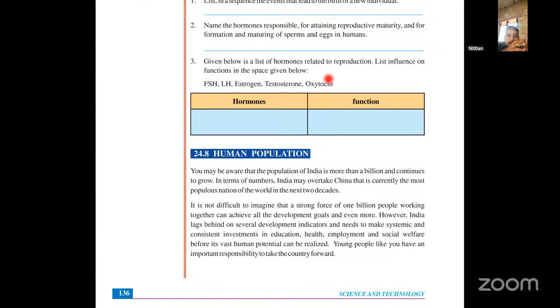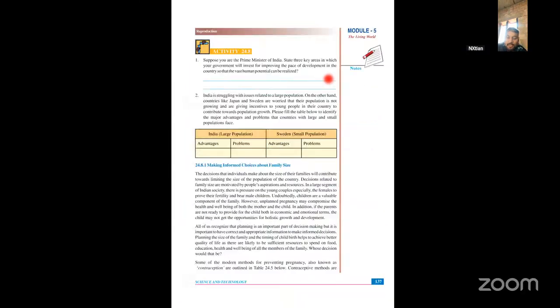Are you getting this? I know a family in which the aunt is younger than the nephew. Yes, this happened. Right now we take it as a shame, but in the previous time it was there. Both the mother and the mother's daughter-in-law were pregnant at the same time, and they used to deliver like that. Because of that, the human population increases.